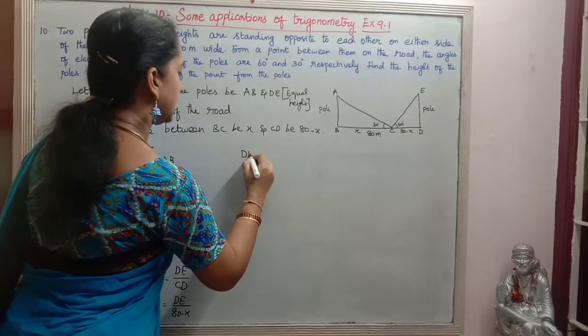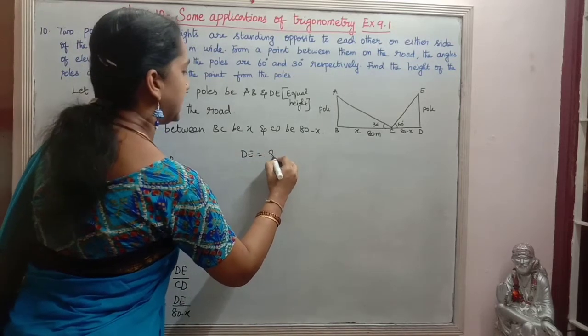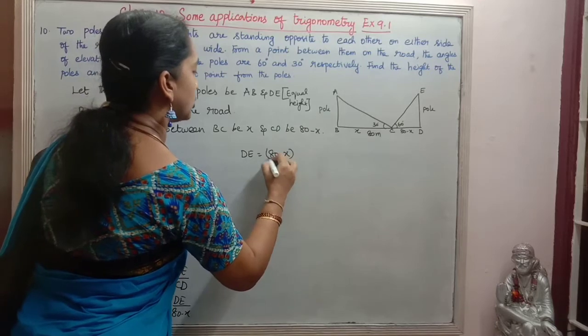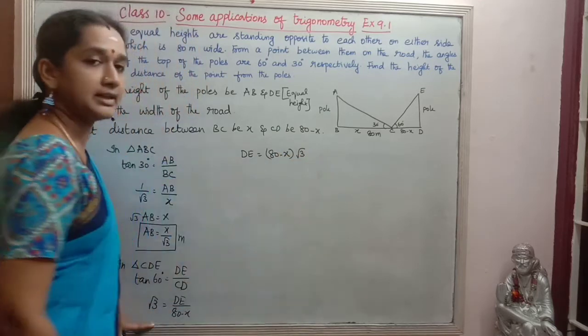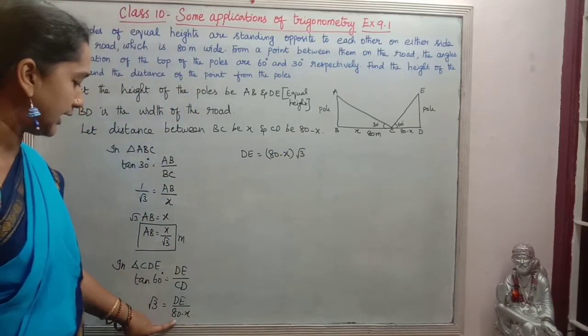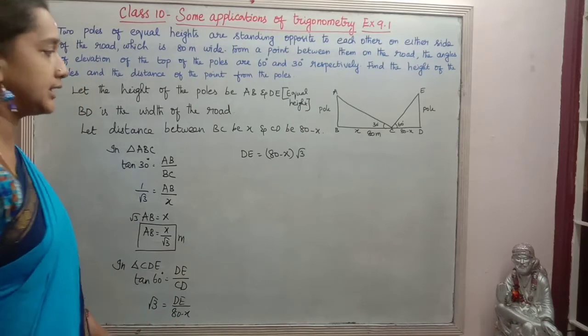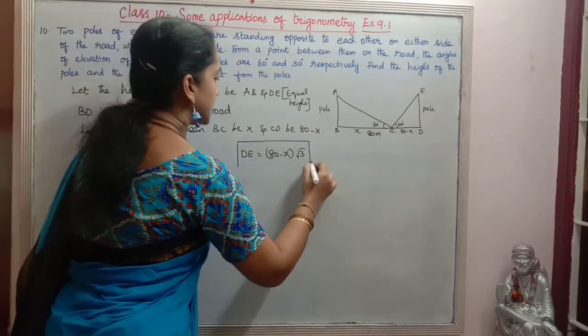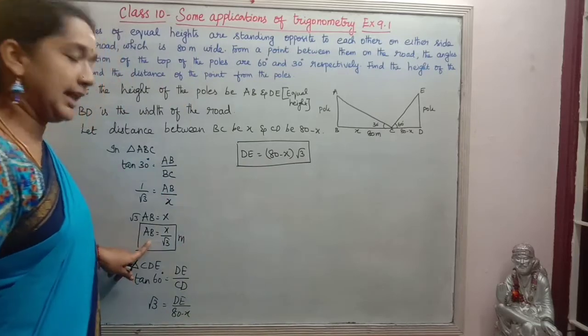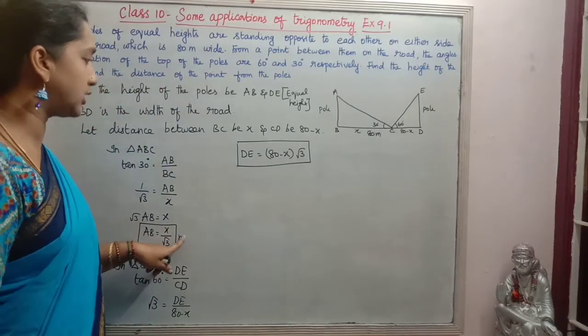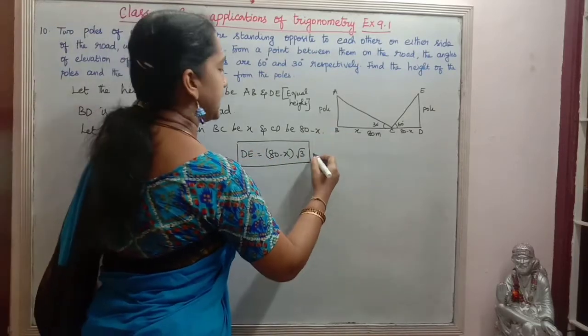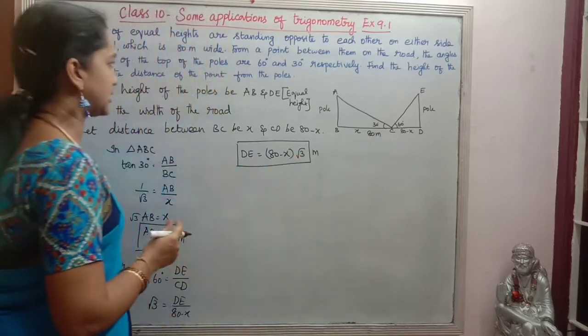When we cross multiply, we get DE is equal to (80 minus X) root 3. So previously we got the length of AB as X by root 3 meters, and now we got DE as (80 minus X) root 3.